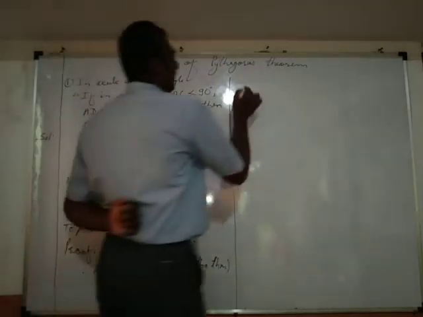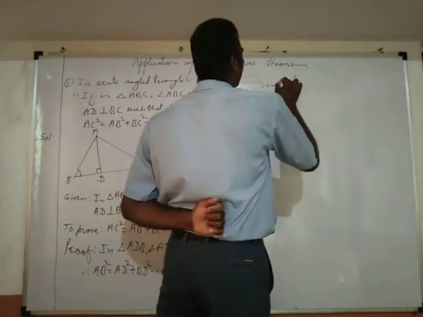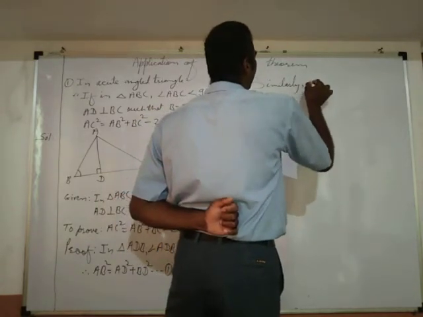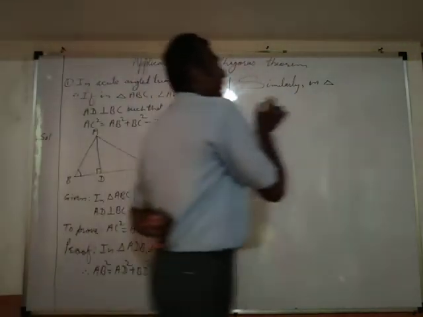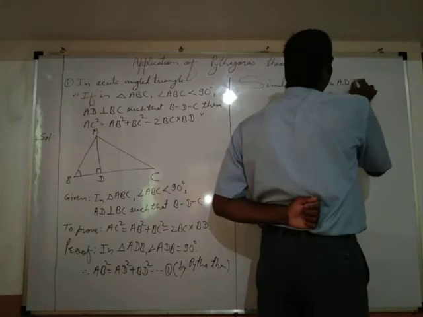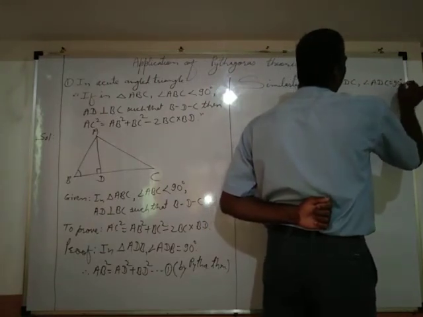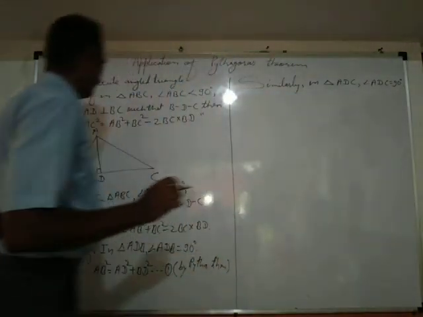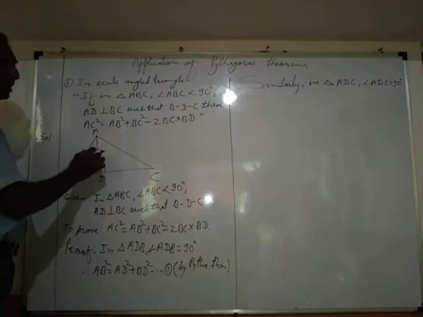Okay. Similarly, in triangle ADC, angle ADC equals 90 degree, and therefore we can apply Pythagoras.